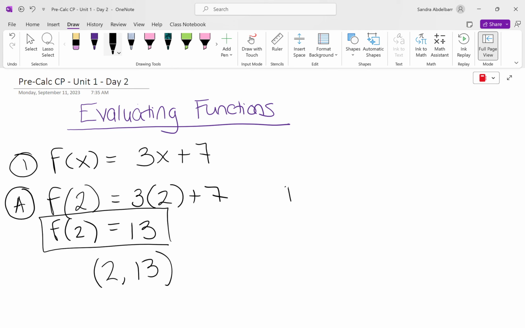Okay, you guys do this one. Same function, but now I'm saying evaluate f of negative 3.